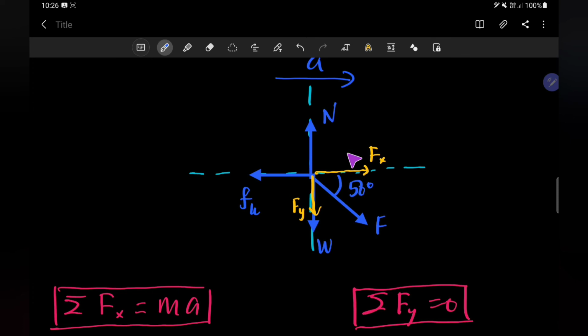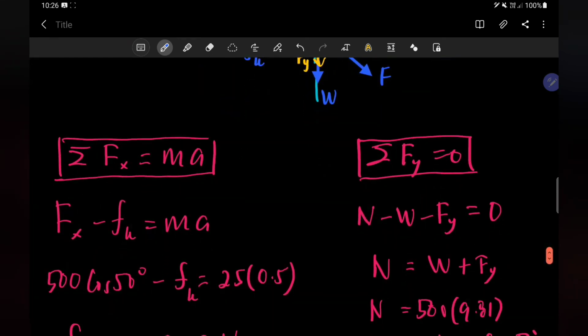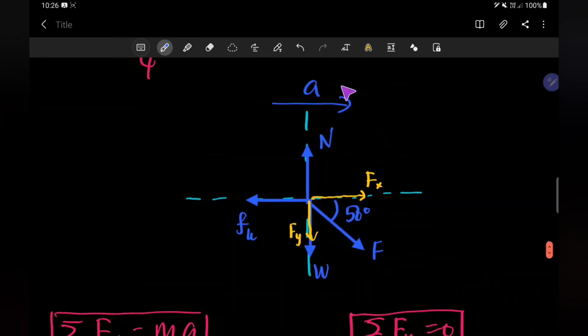Okay, so based on this, seems like there is a combination of x and y, so we need to resolve F to be Fx and also Fy. And where Fx, touched by the angle, should be in cos, and y just in sine. It doesn't touch the angle, isn't it? Okay, so from the x component, the motion is really on the x component based on this situation.